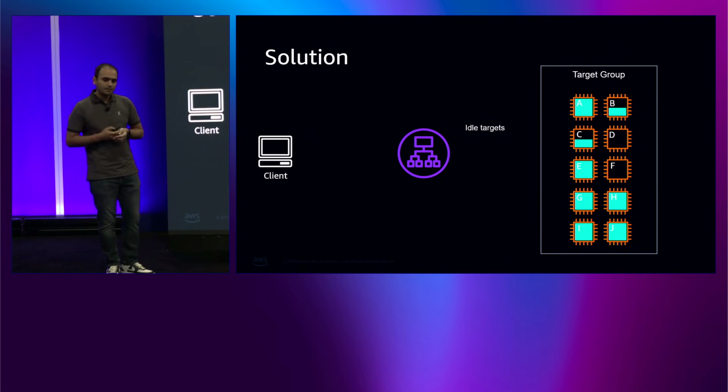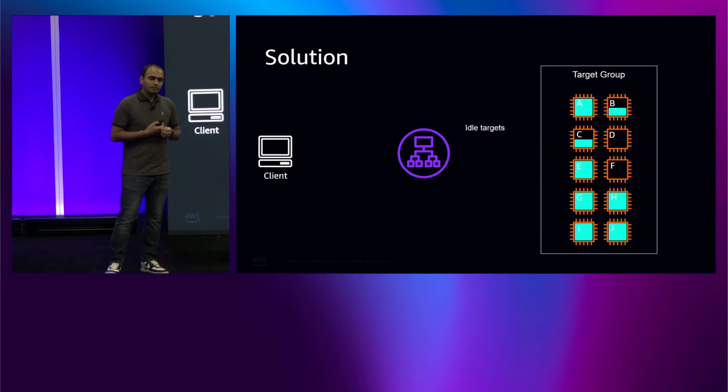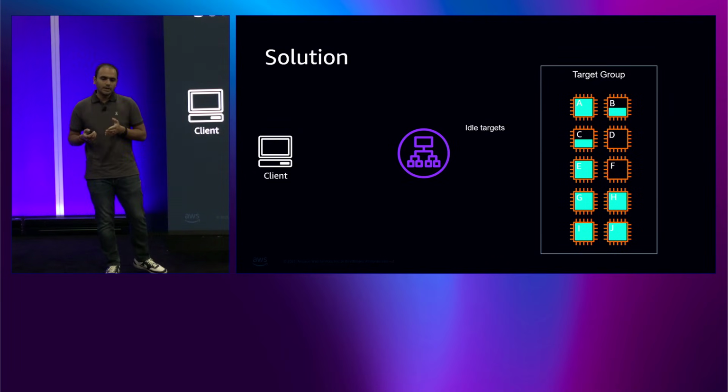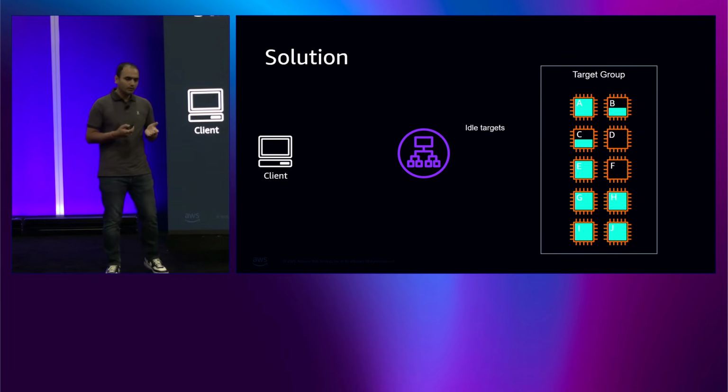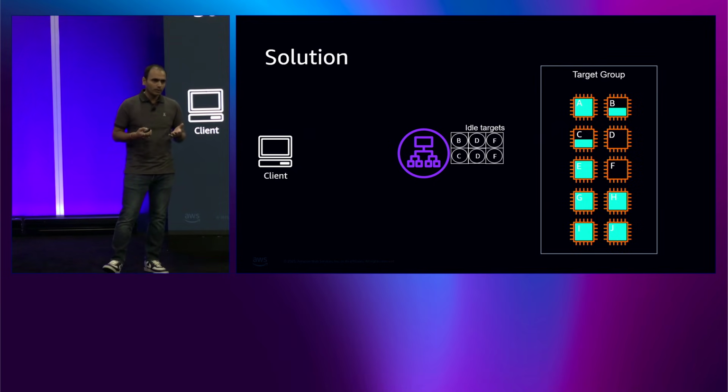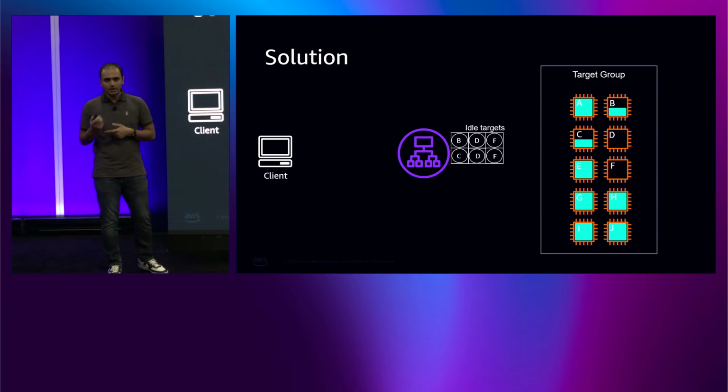If we have a picture like this, where, assuming each target can process 2 requests, targets B and C can process 1 more request and D and F can process 2 more requests, we would want the load balancer to know not only which target to send a request to, but also how many requests to send to that target.